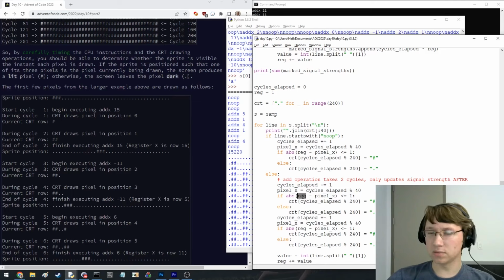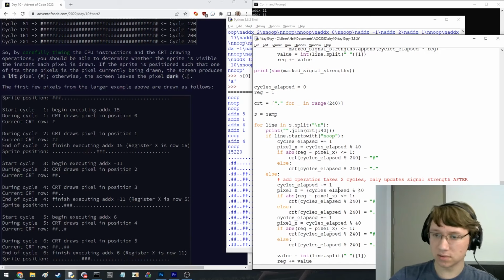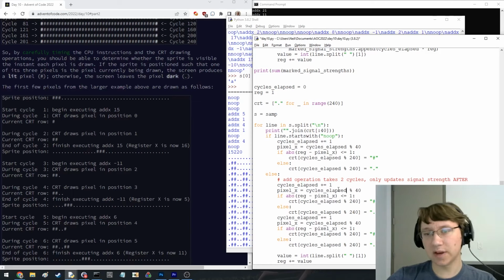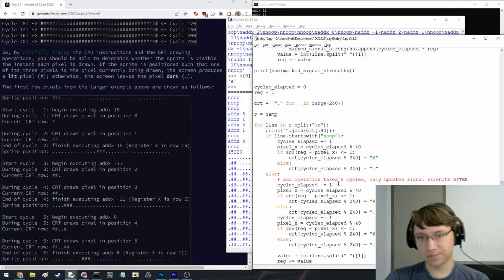Wait. Do I want to subtract 1 from this? I don't think that's right. Hang on. I want to think more carefully about this before tweaking the code.